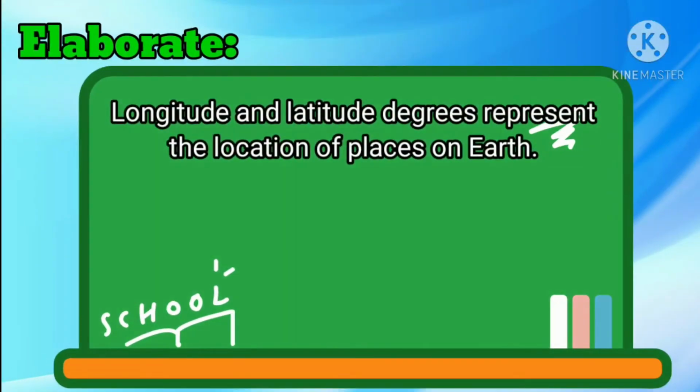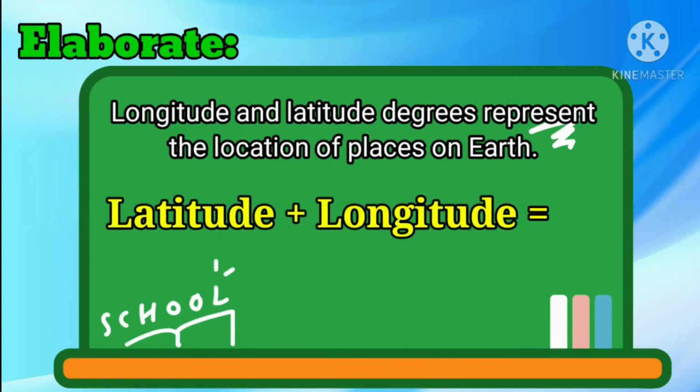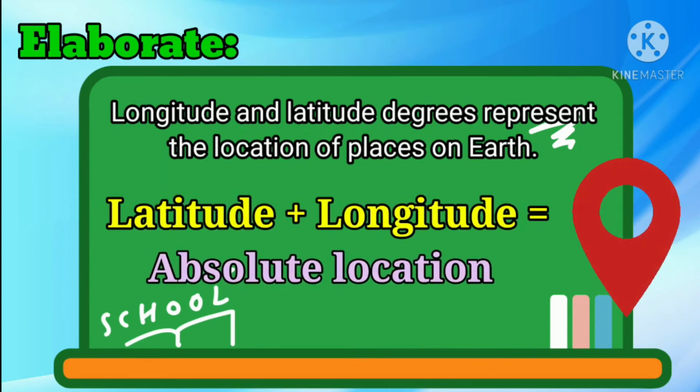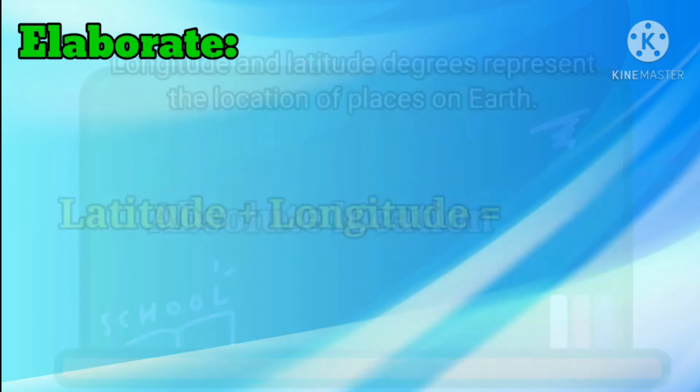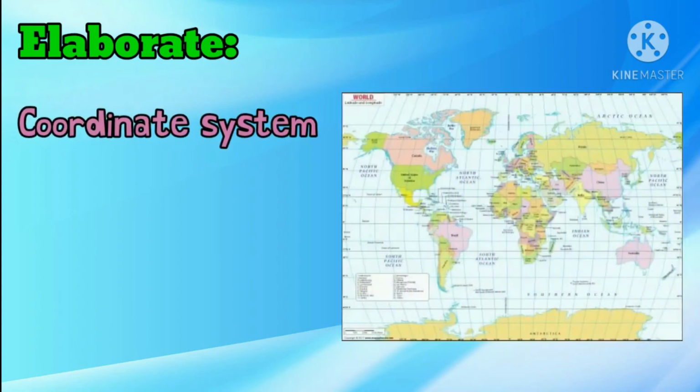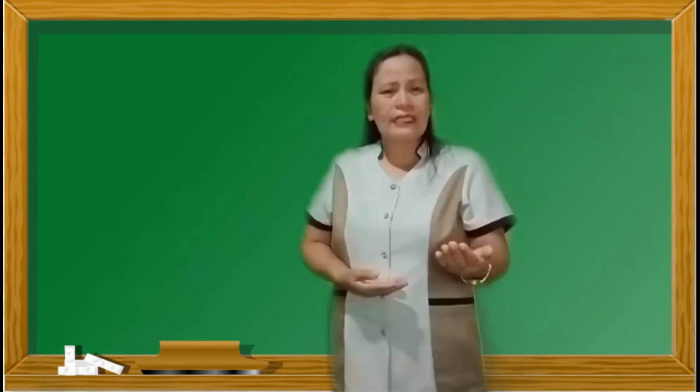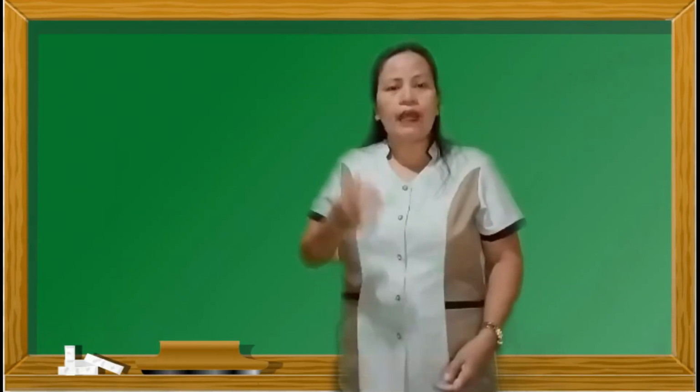Longitude and latitude degrees represent the location of places on Earth. When latitude and longitude are combined, we can locate the absolute location of a place, and that's where the coordinate system comes in. What is a coordinate system?